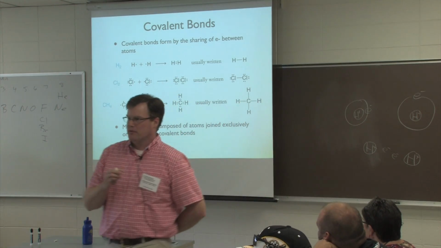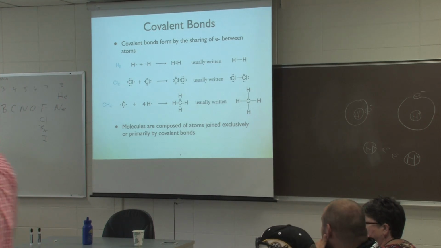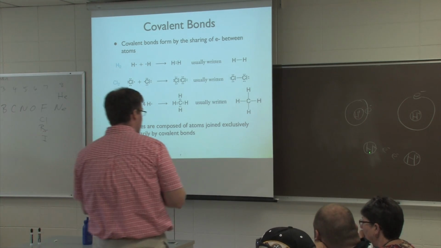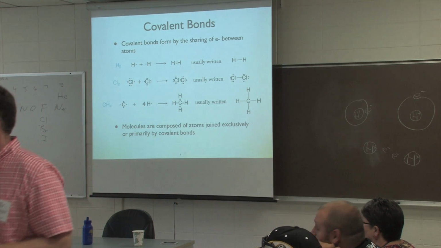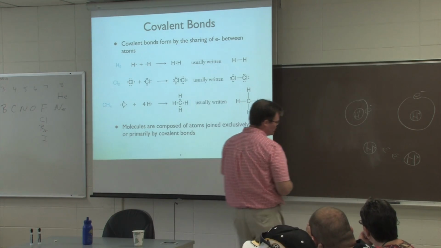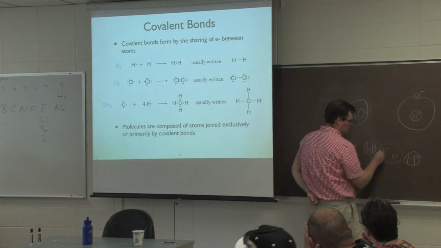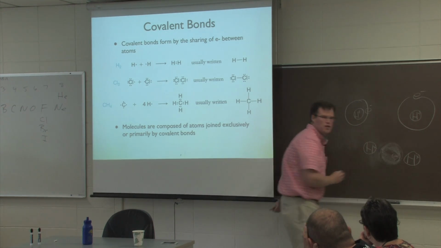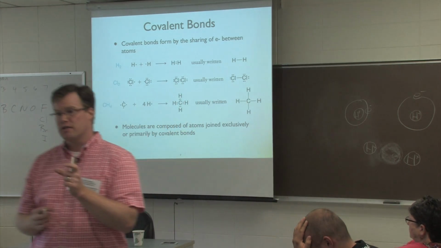A molecular orbital is not one of these solar system type things. A molecular orbital is a location in space where the probability of finding an electron is greater than 0. So it's not these nice looking orbitals here. When you form a molecular orbital, you're saying that the probability of finding an electron in the space between those two nuclei is going to be greater than 0.